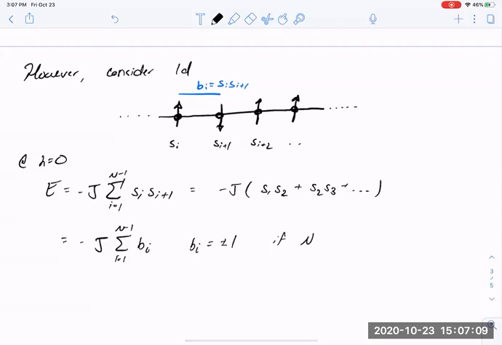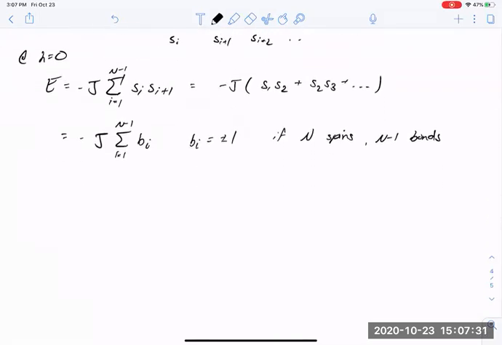If there are n spins, there are n minus 1 bonds. So we lose a little information in going to a picture of bonds from a picture of spins. So we've got to restore that information somewhere.